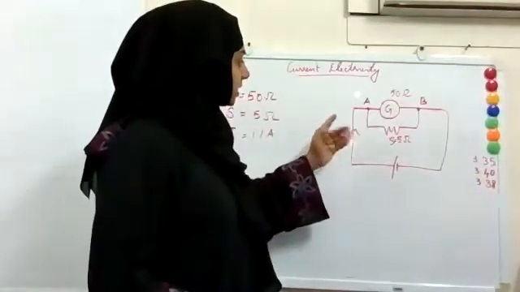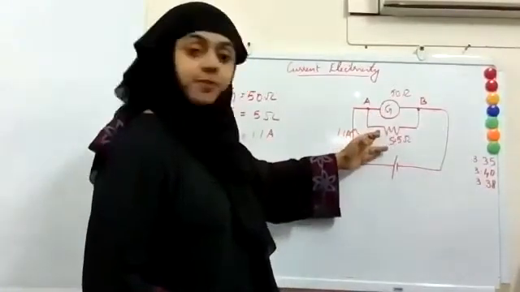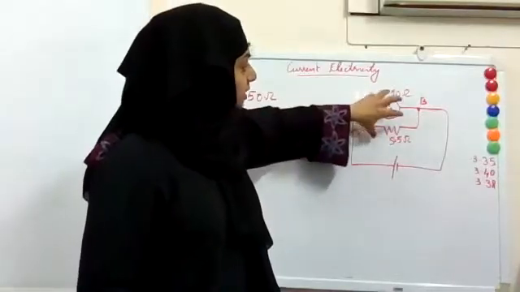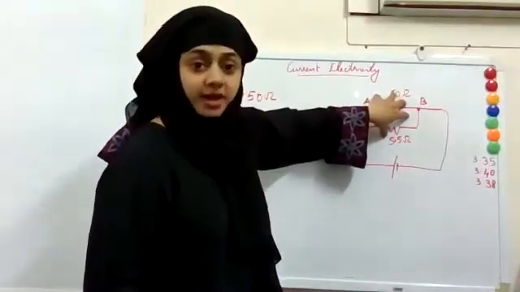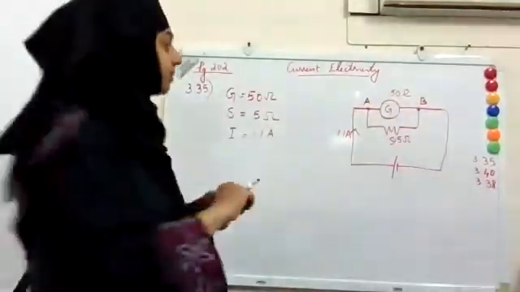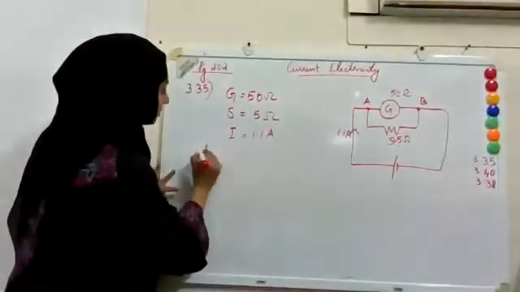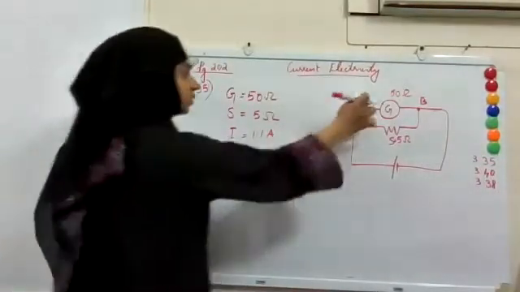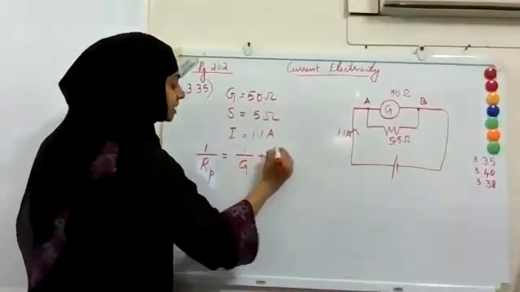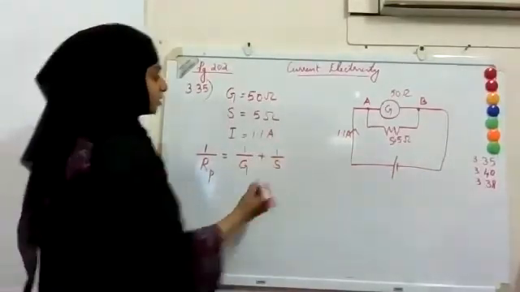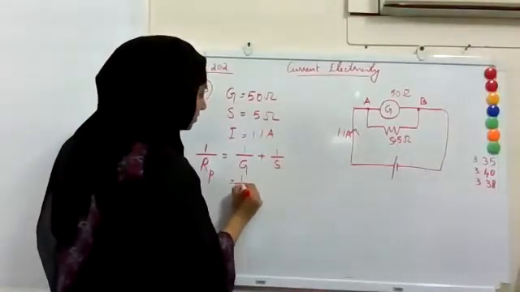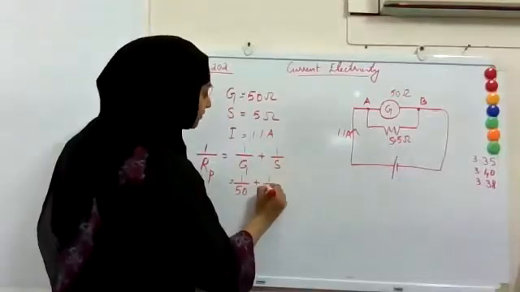First of all, when you connect these two in parallel, you have 2 resistors in parallel. Let us see what the new resistance will be when we connect the shunt in parallel. 1 by Rp will be equal to 1 by G plus 1 by S, which is 1 by 50 plus 1 by 5.